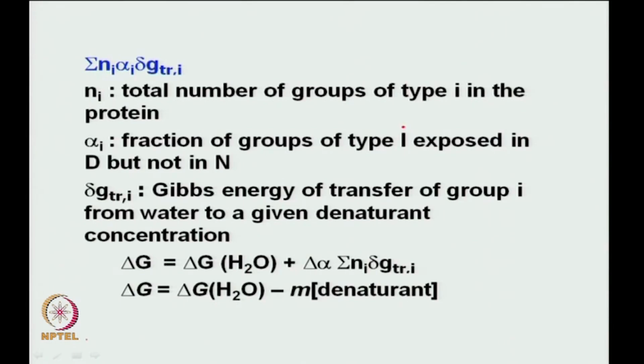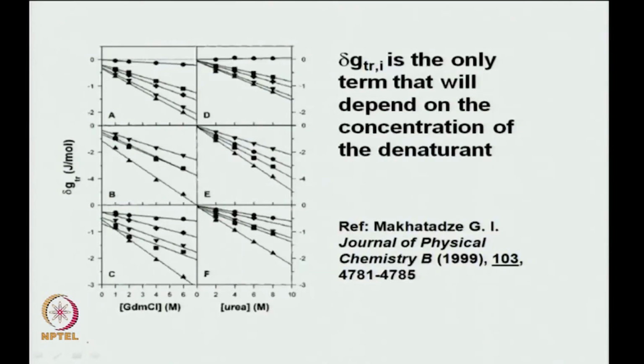The other ones I am saying are essentially constant. It is essentially a transfer free energy which now is going to depend upon your denaturant concentration with a certain slope which is minus m. And this has been done by people experiment-wise, and this is the curve you get.